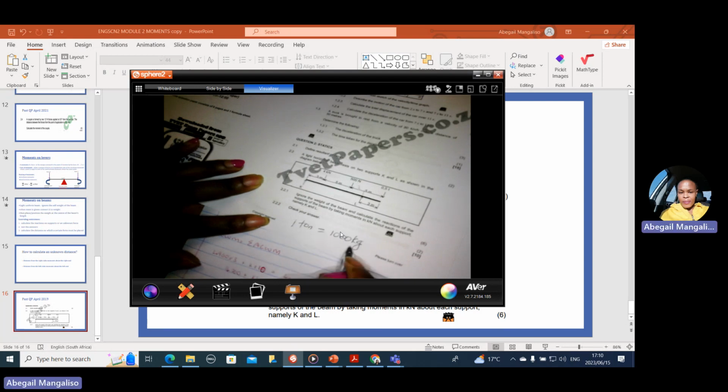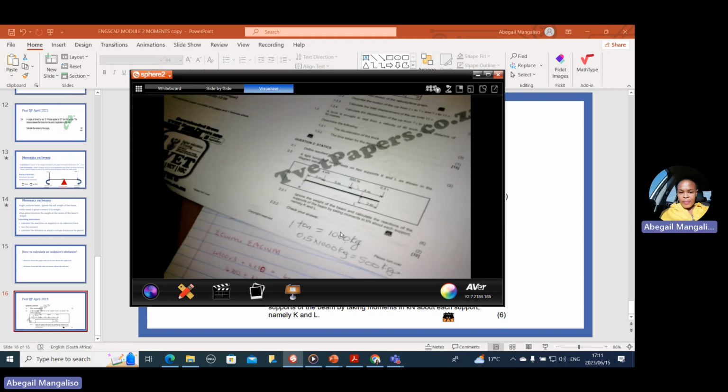If a single ton is 1,000 kg, 2 tons is 2,000. So from tons to kilograms, you multiply by 1,000. So 0.5 multiplied by 1,000 kg will be equal to 500 kilograms.